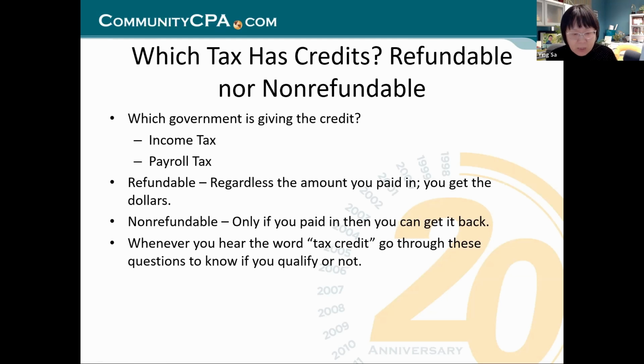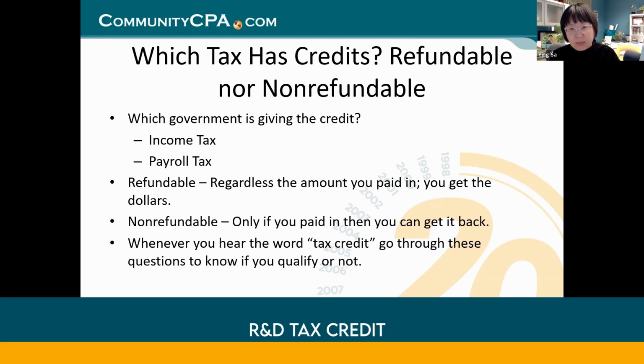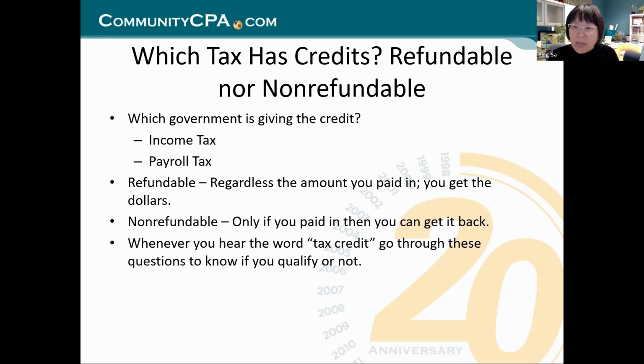Today we're talking about the R&D tax credit. This tax credit is against income tax and/or payroll tax. See, it isn't against property tax. So I brought it here in front of you, making you realize if you have income tax you need to pay, your R&D tax credit can reverse your income tax. If you have payroll tax you need to pay, your R&D credit can reverse your payroll tax.